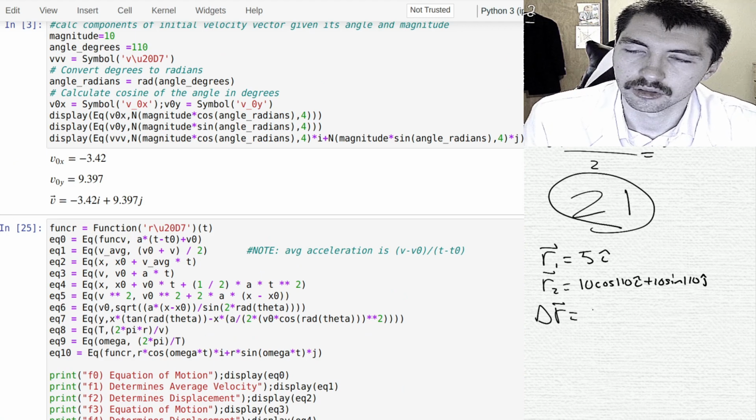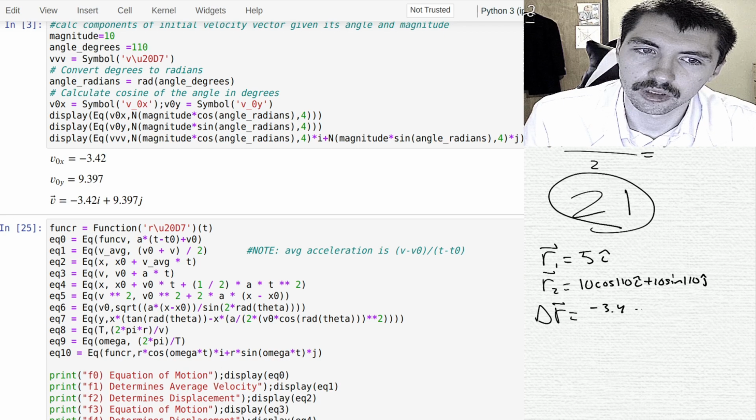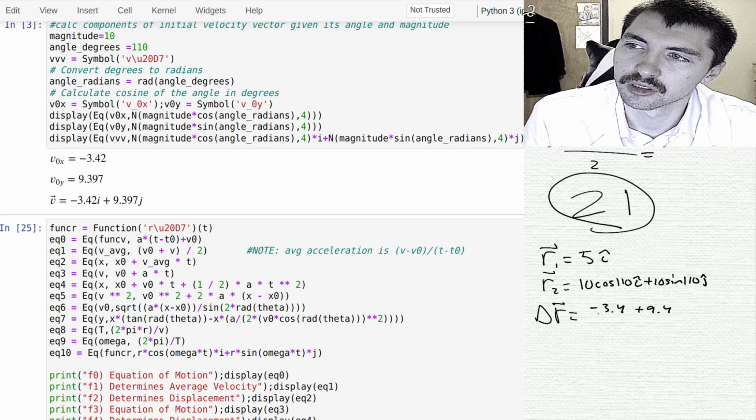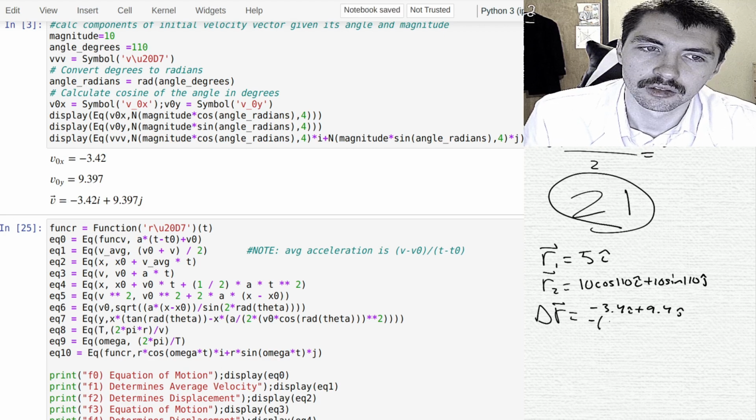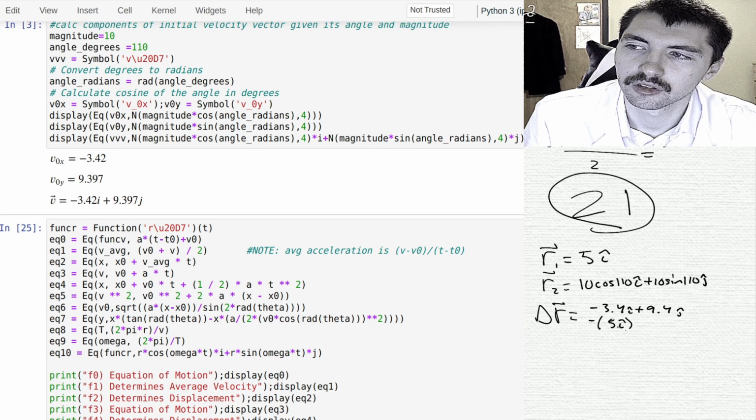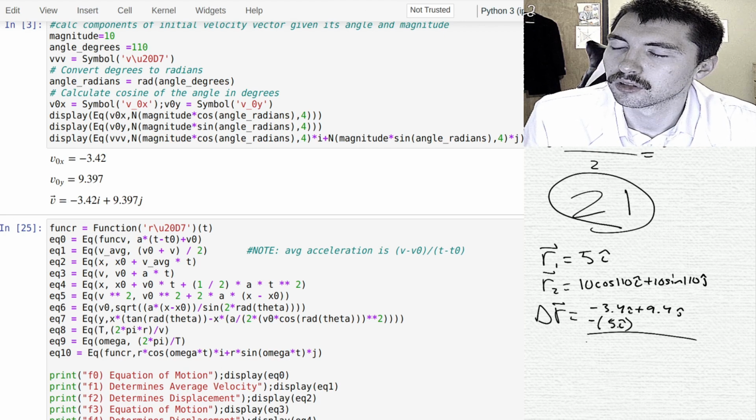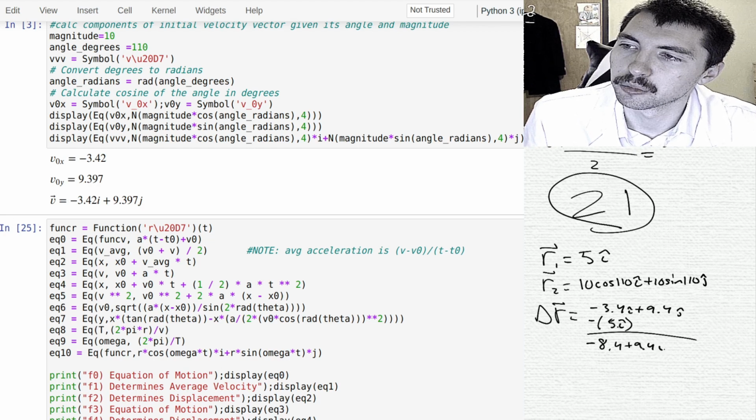So it's going to be negative 3.4 plus 9.4 minus 5. Okay, so that's going to be negative 8.4 plus 9.4.